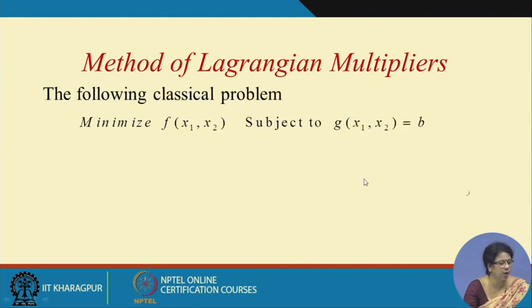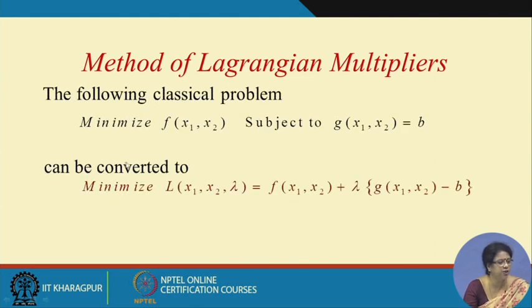Now, this is a problem. How is the Lagrange function being formed this way? If we just introduce one variable lambda, then the Lagrange function will become a function of 3 variables, x1, x2 and lambda. What is that? That would be equal to f plus lambda into g minus b, because g minus b is considered from the constraint only.